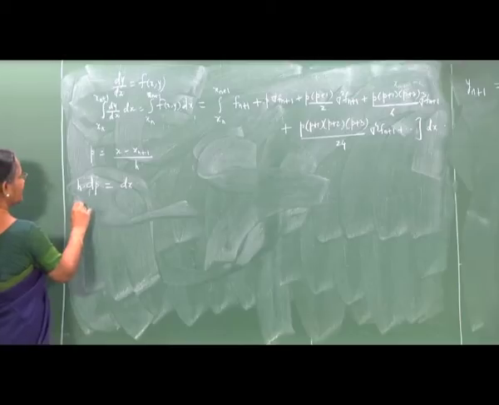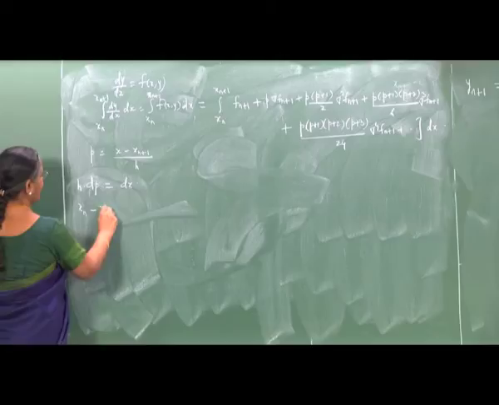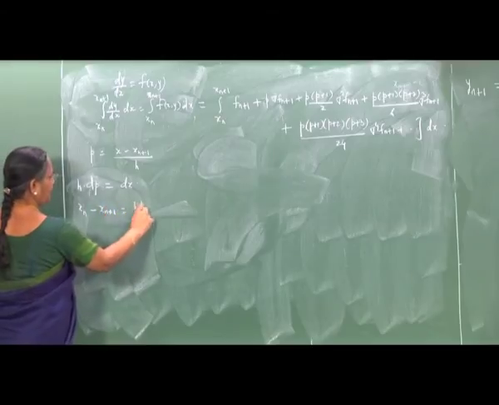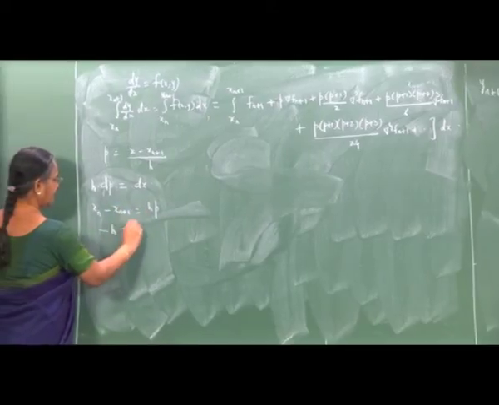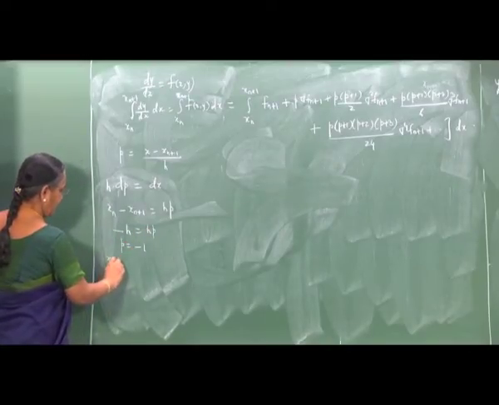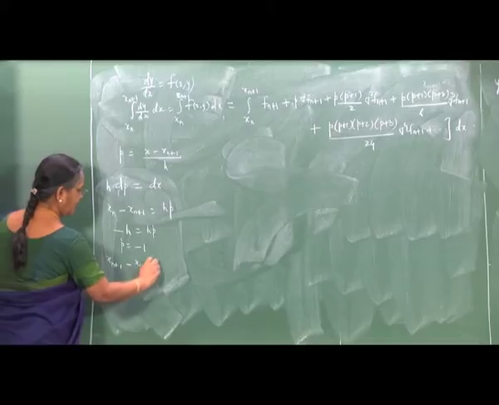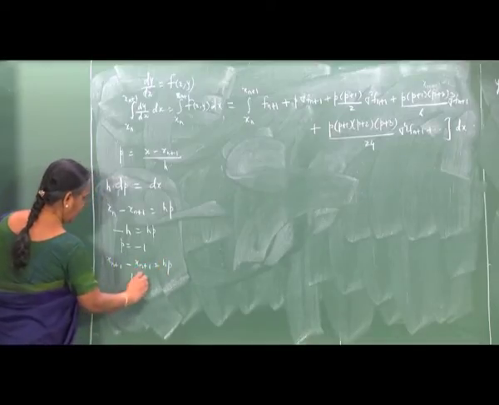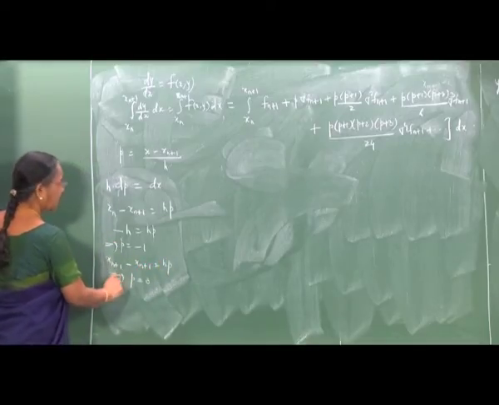So, when x is xn, you have xn minus xn plus 1 to be hp. So, minus h is hp, so p is minus 1. When x is xn plus 1, then this gives you p equal to 0.